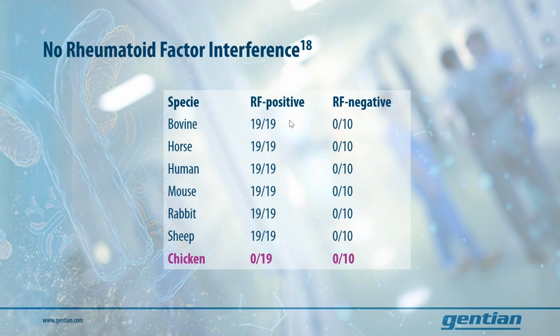And they saw interference in all 19 samples where the assay used had antibodies from a mammal like bovine, horse, human, mouse, rabbit, or sheep, but with the avian antibodies from chicken, there was no observed interference. And obviously, for the rheumatoid factor negative samples, there was no interference either.